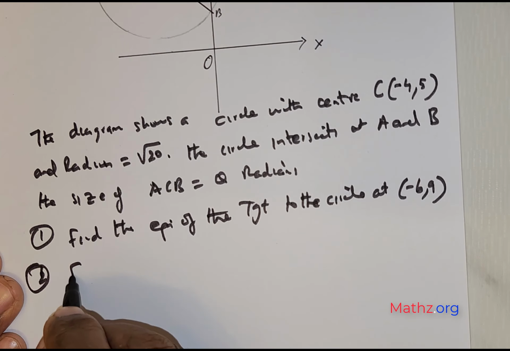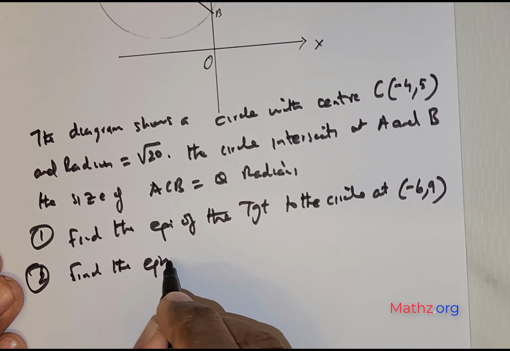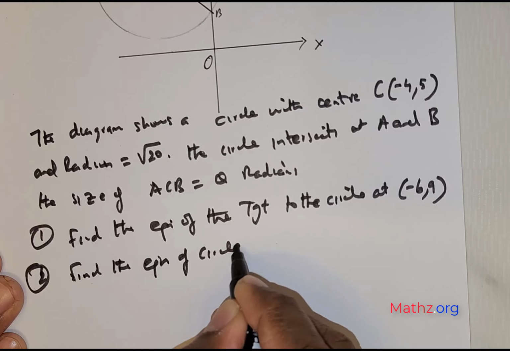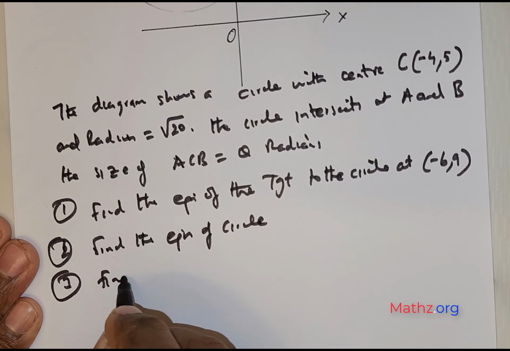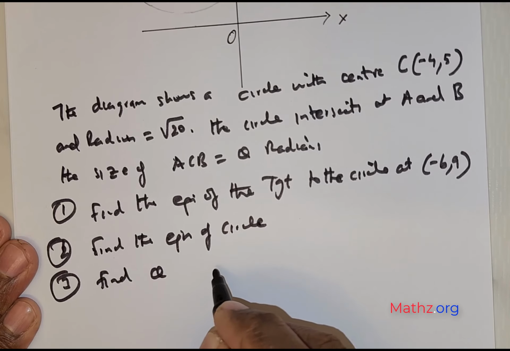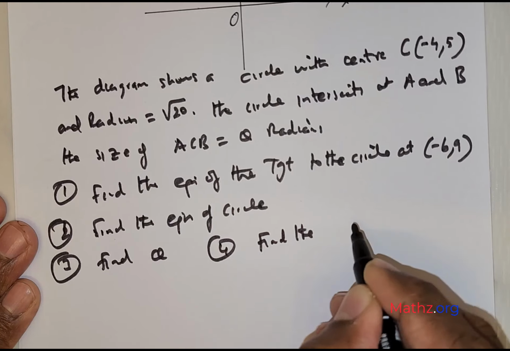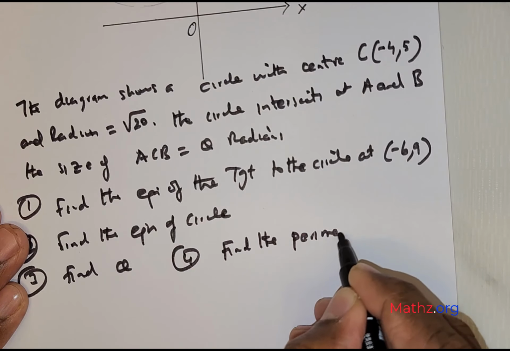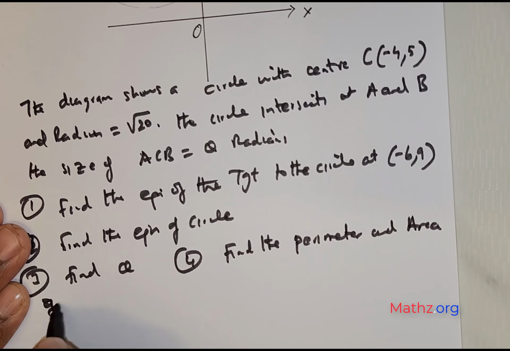Number 2 is find the equation of the circle, and number 3 is find theta. Number 4 is find the perimeter and the area of the shaded region.